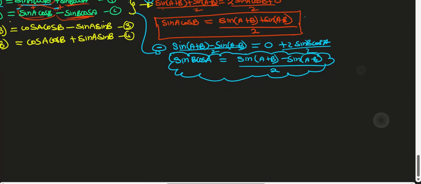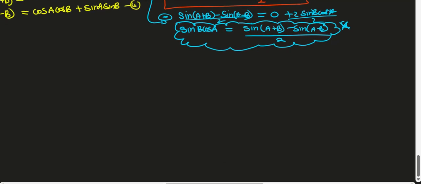These are very, very crucial identities, okay?